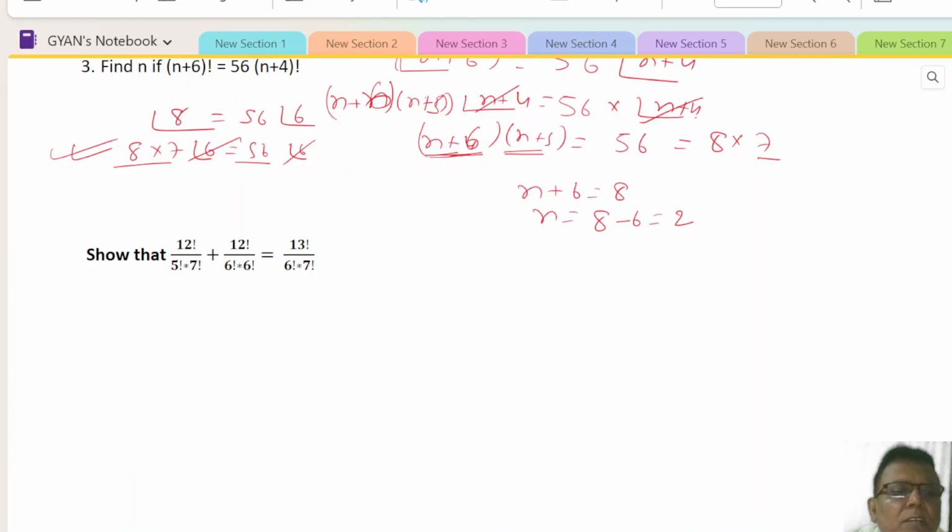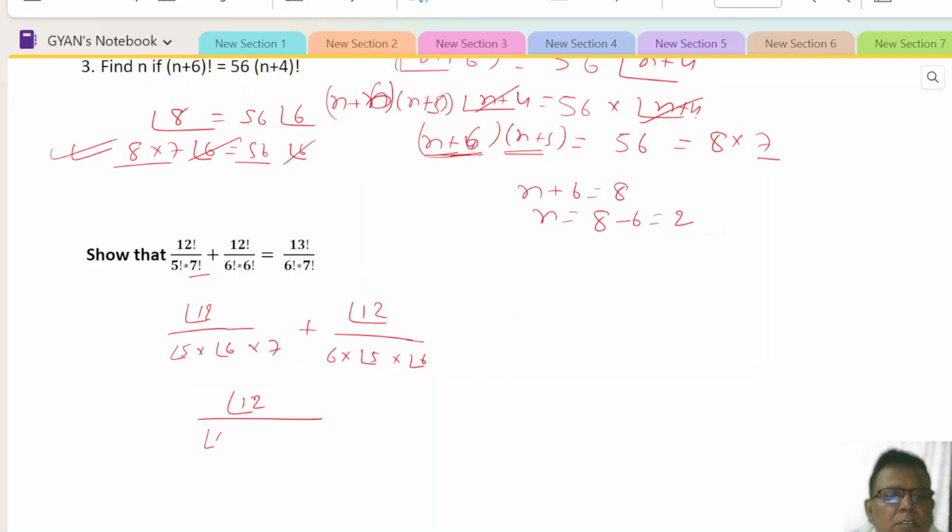So here, factorial 12 divided by factorial 5 into factorial 6, and you can write 7 into factorial 6 for factorial 7. So it is factorial 12 over 7 into factorial 6 plus factorial 12 over 6 into factorial 5 into factorial 6. So you take common factorial 12 over factorial 6 into factorial 5, and that will be 1 by 7 plus 1 by 6.